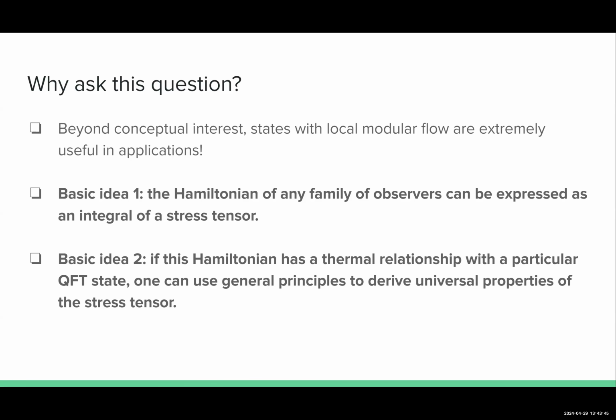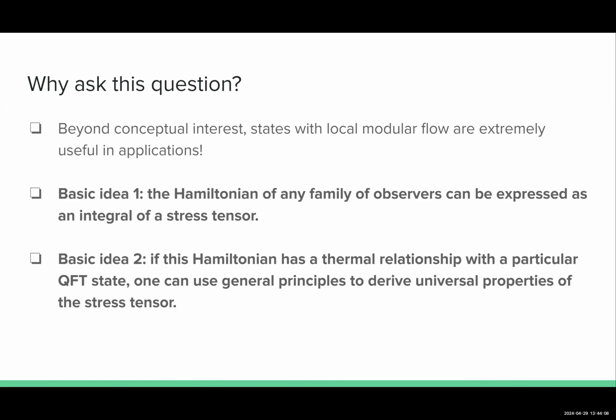The point is that when you have a family of observers propagating in a spacetime and probing a quantum field theory state, they're going to couple to that state via a Hamiltonian that can be expressed as some integral of the stress tensor of the quantum field theory. And that integral is going to be an integral against a particular vector field describing the trajectories that they take.